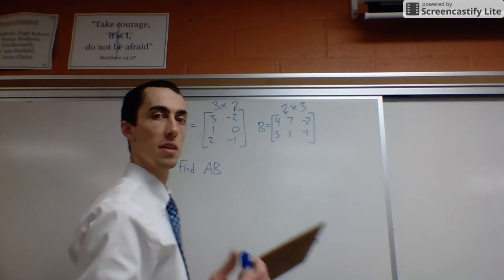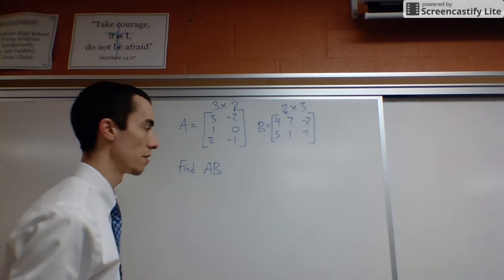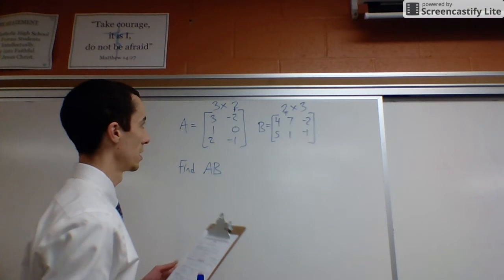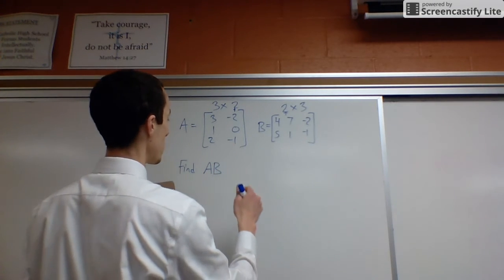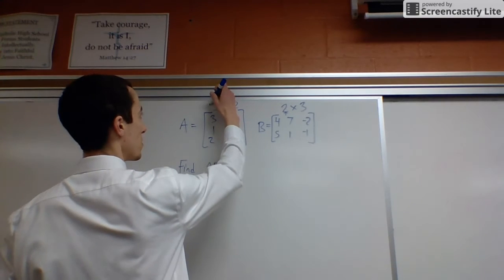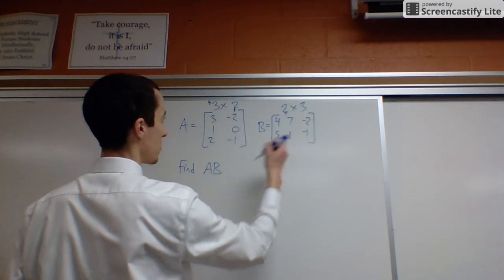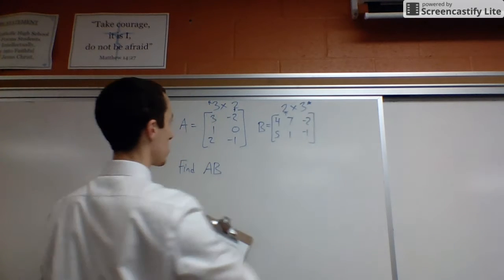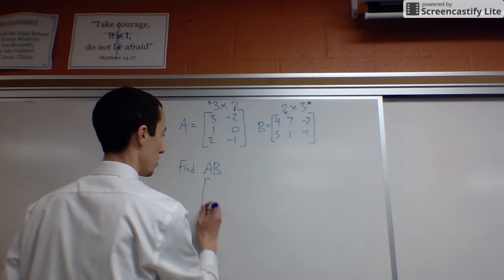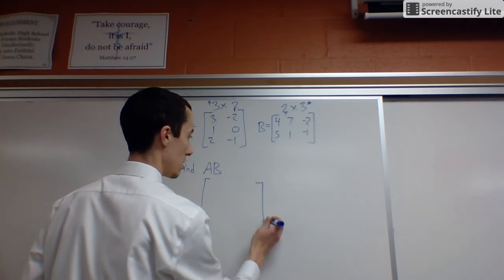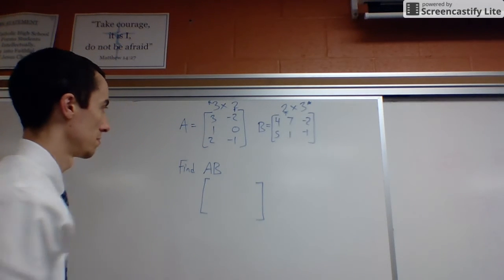First, identify the dimensions or the order of the product matrix. When we're multiplying matrices A and B, the product will have the number of rows of the first matrix and the number of columns of the second. And so AB will have 3 rows and 3 columns.